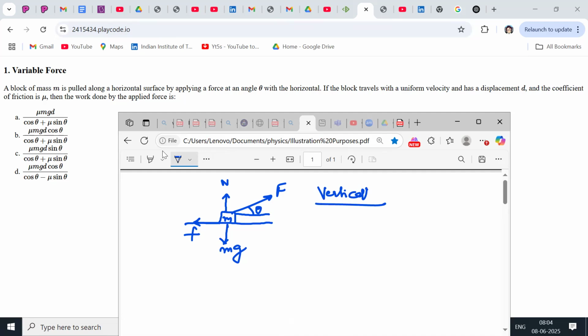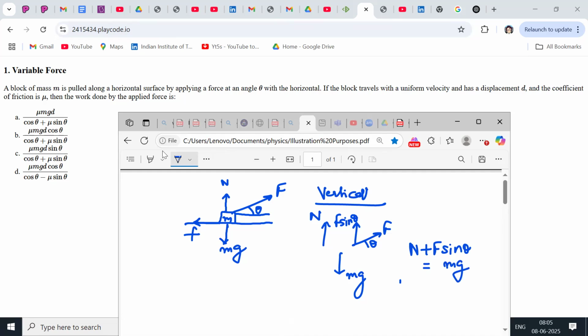So in the vertical direction, we have the vertical component of this force, which would be F sine theta. Then we have the normal reaction N, and then we have mg. Equating and creating a balance of these forces would give us N plus F sine theta equals mg.